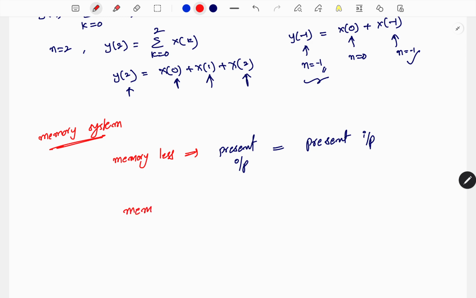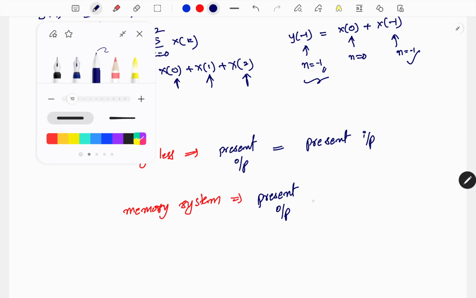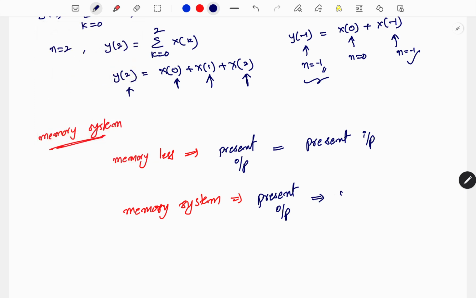In a memory system, the present output can depend on input other than the present input.